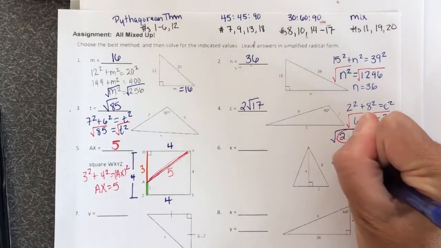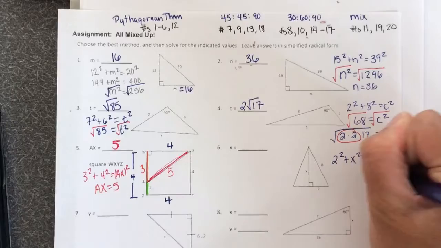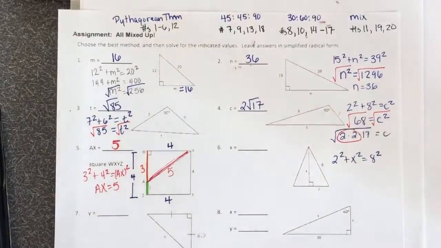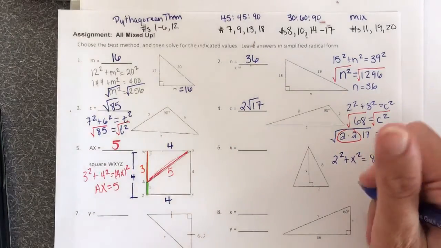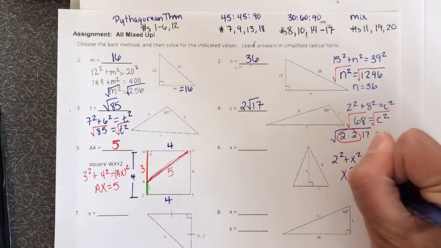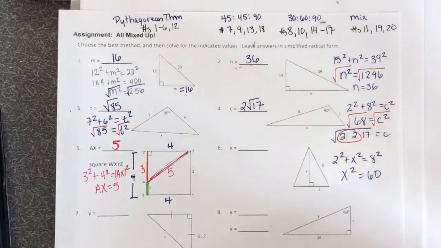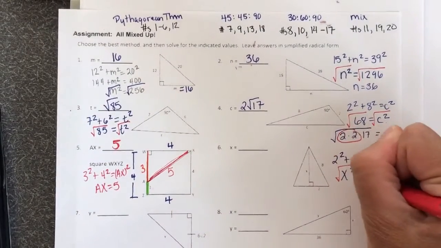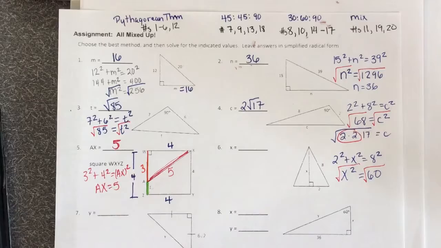So 2 squared plus x squared equals 8 squared. So 8 squared minus 2 squared is 60. So x squared equals 60. So then we're going to have to break down 60. 60 breaks down to 6 times 10.